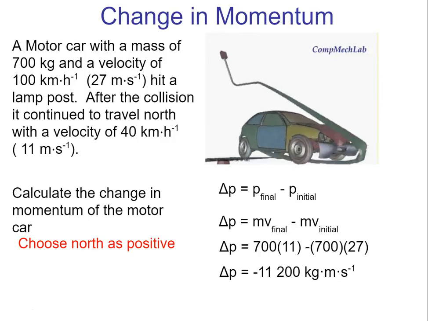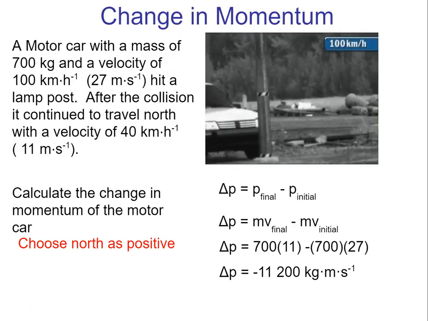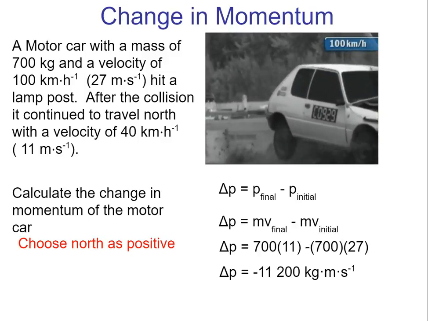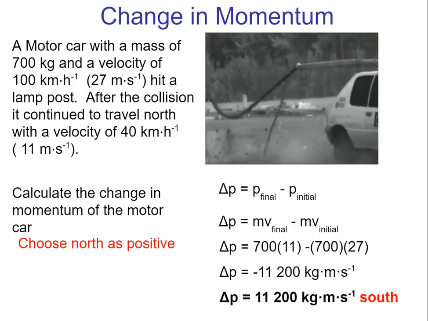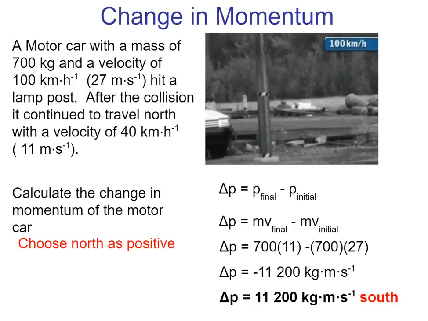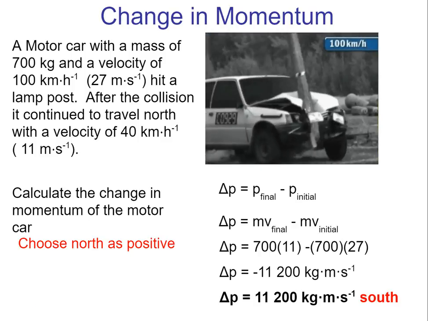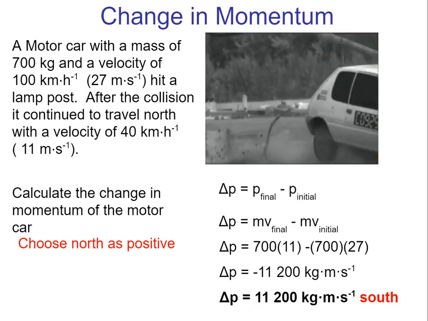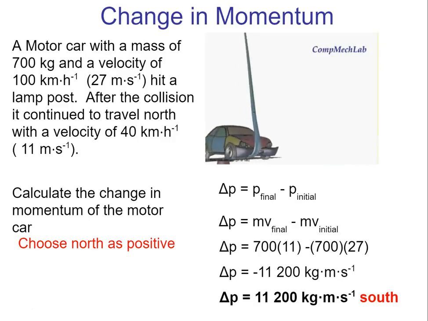I interpret it as a direction. It is given as an indication of direction. So I don't leave the answer as minus 11,200. My final answer must be the positive number 11,200 and in the direction mentioned, which is south.